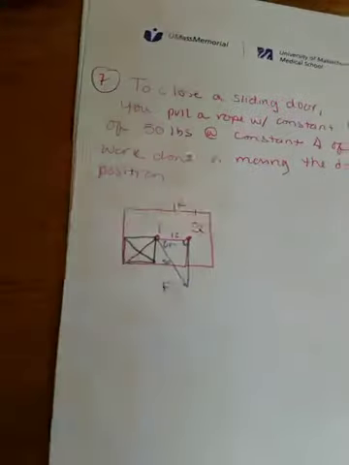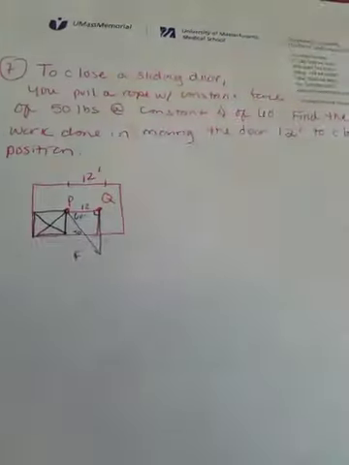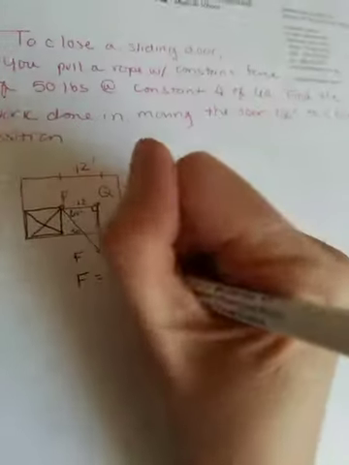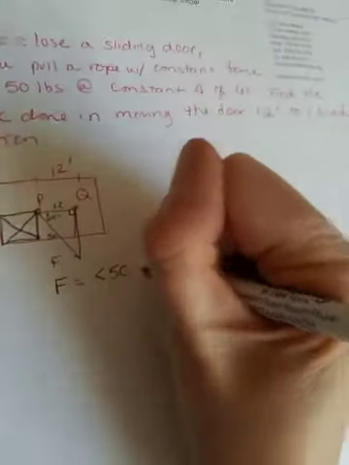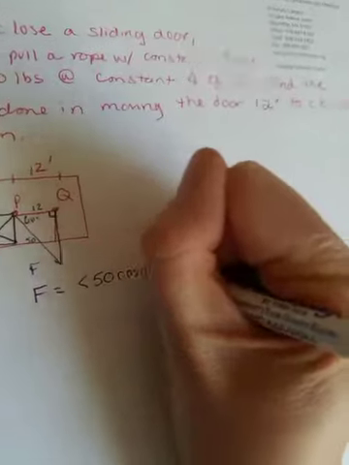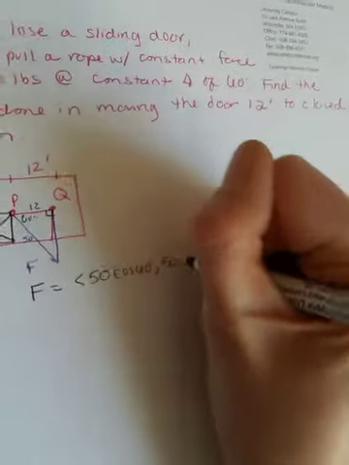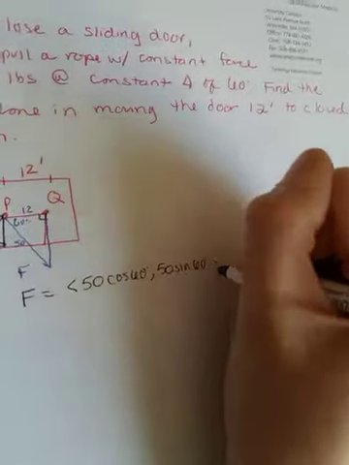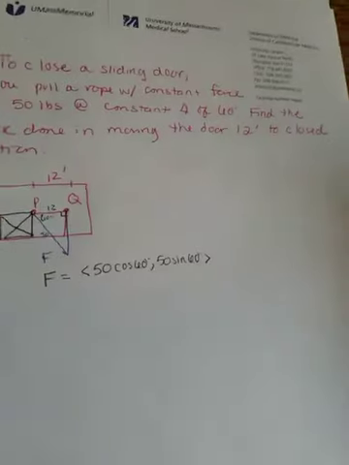All right, so we want to know how much work is done. Let's first figure out what F is. Our magnitude here is 50, and my angle is 60. So it's 50 cosine of 60, 50 sine of 60 degrees. And so let's figure out what work is.